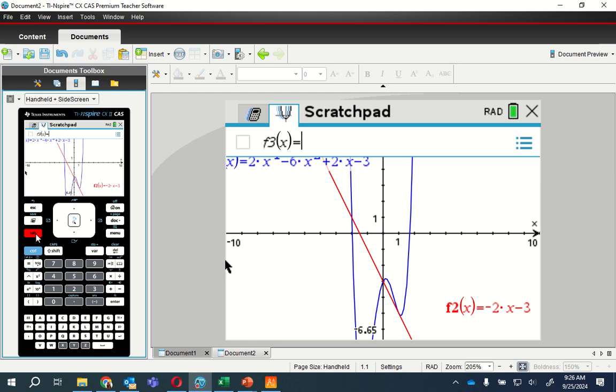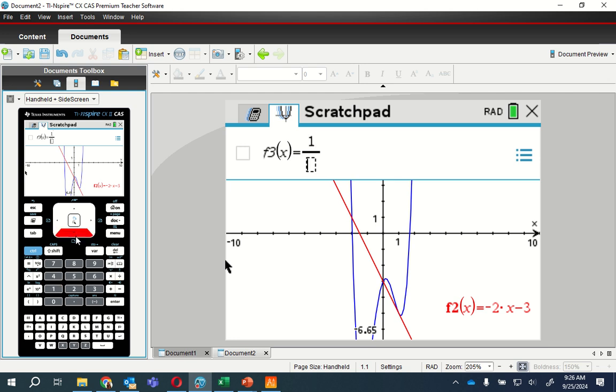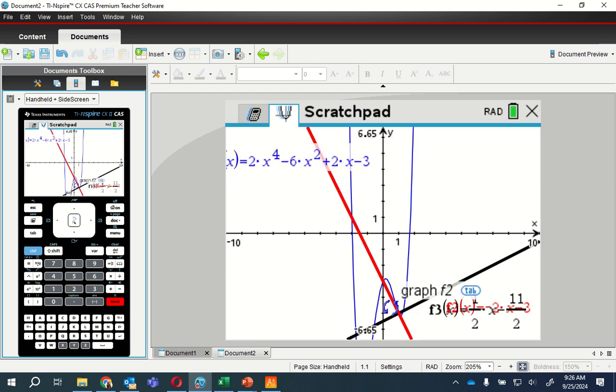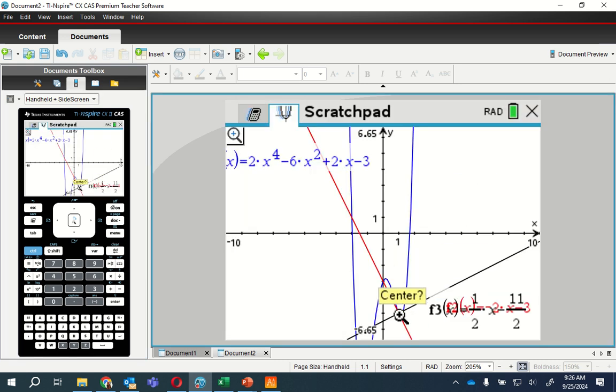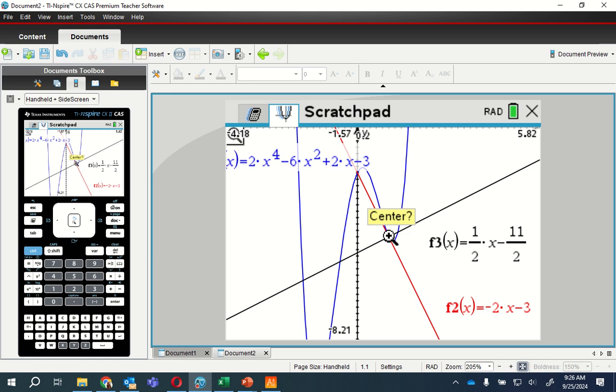Hit tab again. My normal is 1/2 x minus 11/2. There we go. So we have a nice pretty graph right there.